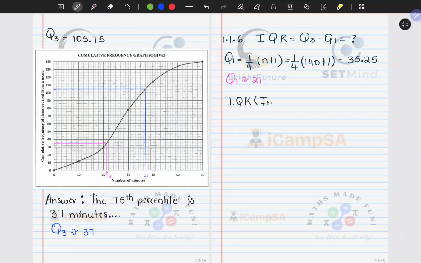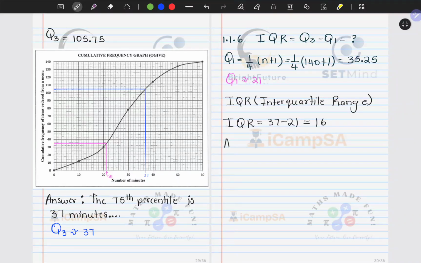Let's note that IQR stands for interquartile range. So our IQR will therefore be 37 minus 21, and 37 minus 21 gives us about 16.